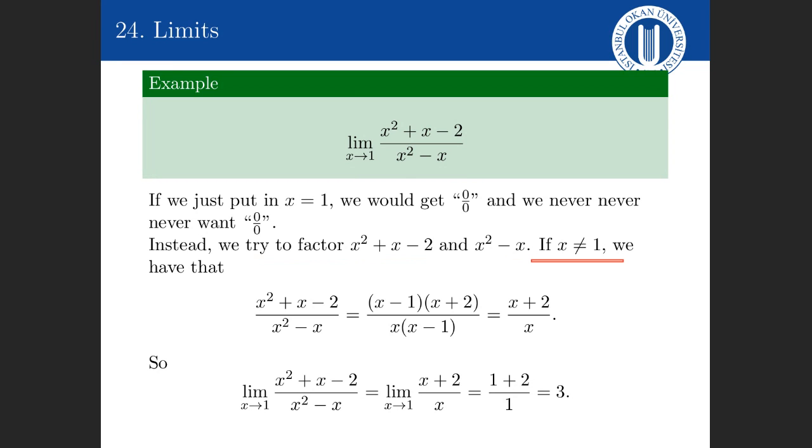The first thing to remember is when we do a limit, x tends to 1, we're interested in values of x which are close to 1 but not equal to 1. So in our calculation, it's always going to be okay to assume that x is not equal to 1.